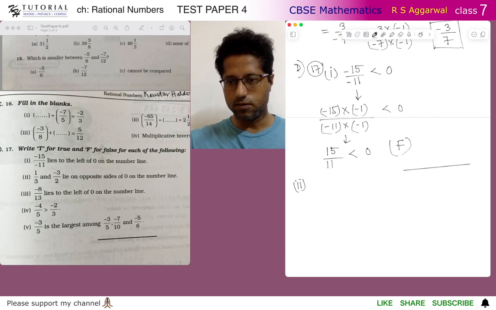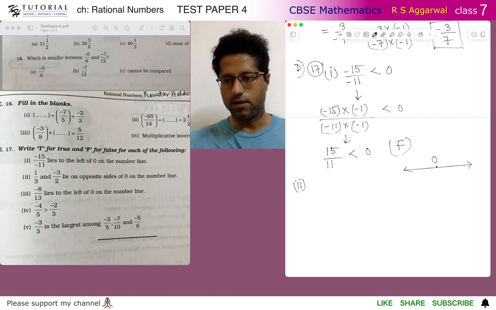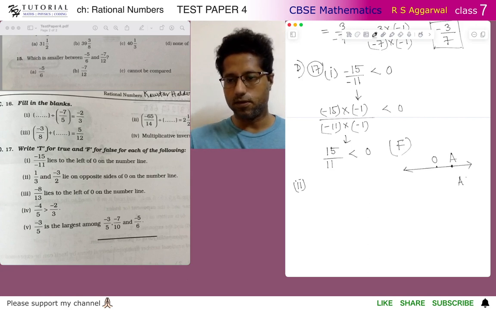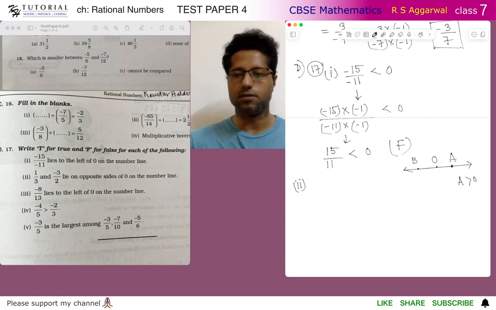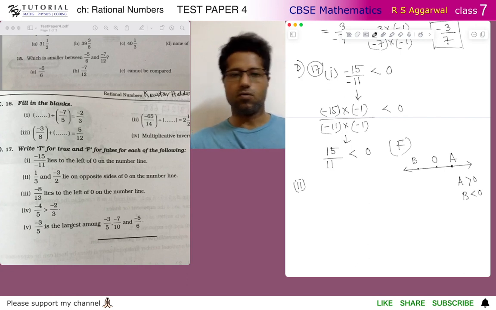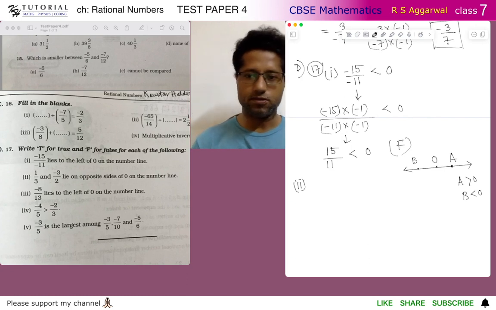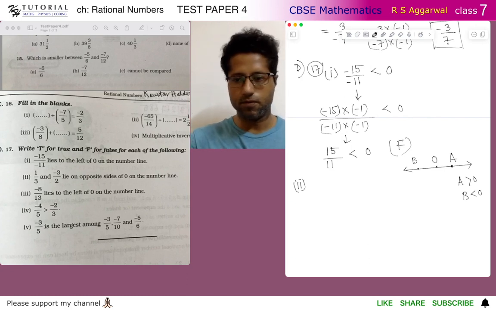So if you consider the number line, with this as the origin O, all the numbers to the right hand side of the origin O are greater than 0, and all the points lying to the left of origin O on the number line are less than 0. Now 1 by 3 in the problem is greater than 0.